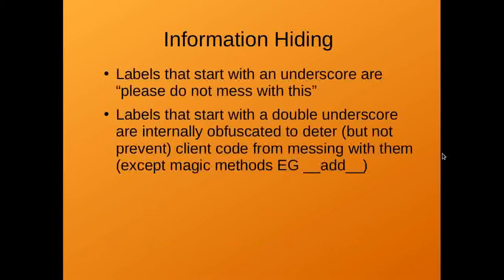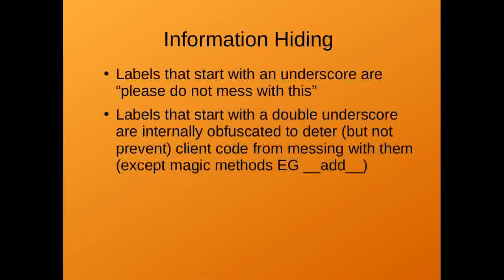Python has limited information hiding. It's usually plenty, but it is not as effective as, say, Java's information hiding. Or Rust's. Yeah, Rust has even better information hiding. Even stronger. Labels in Python that start with an underscore just say, please don't mess with this.